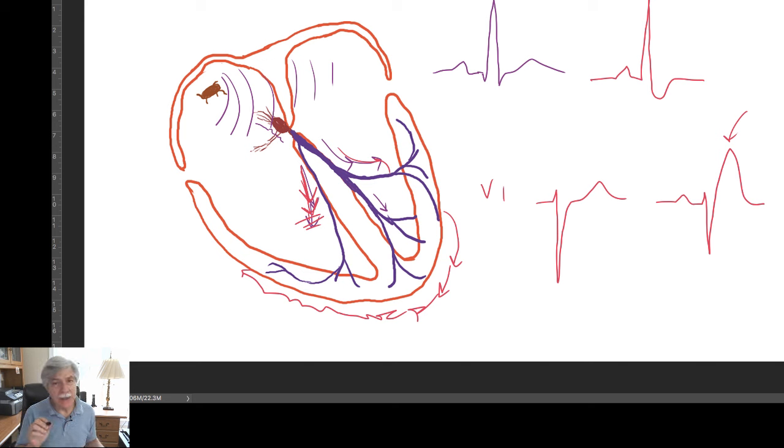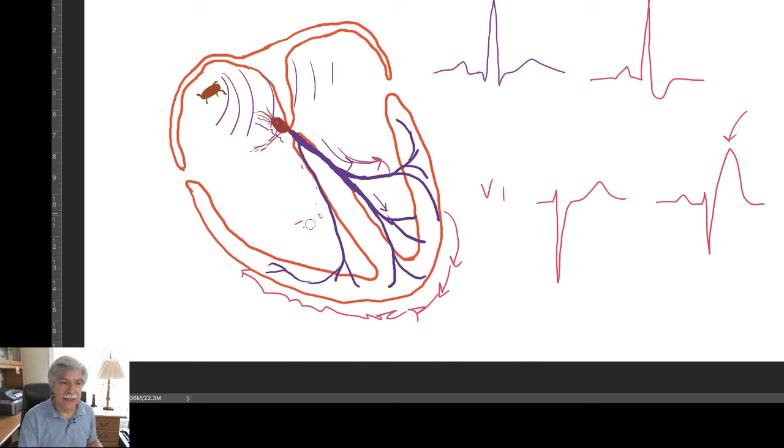It only has to be delayed. That means it takes a little bit longer for the signal to get to the right ventricle, enough time so that the signal can get down the left side and come around again. So it really shouldn't be called right bundle branch block necessarily. It should be called right bundle branch delay.